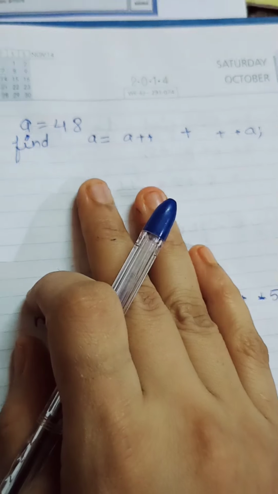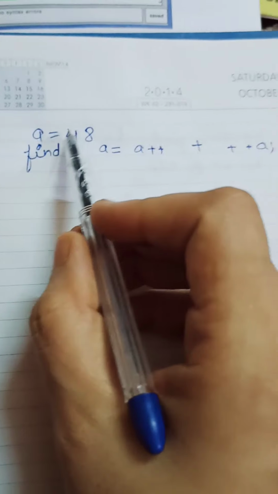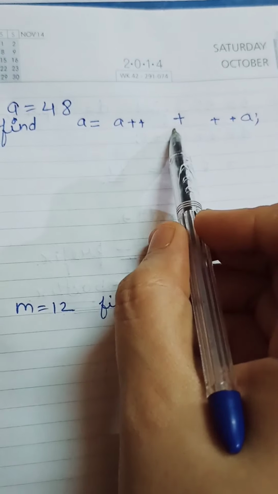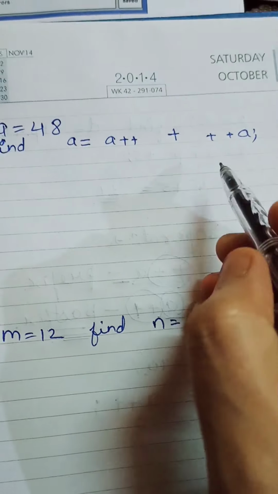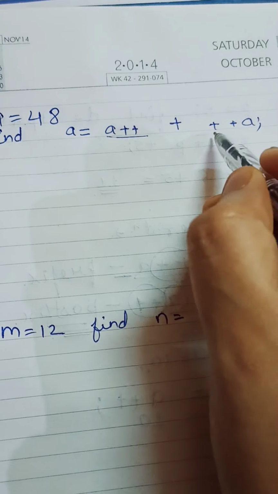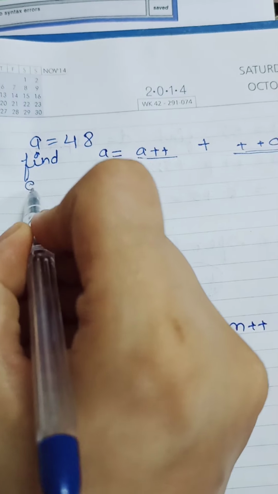Take another example. Here the value of a is 48. We have to find the value of this expression: a++ + ++a. This one is the postfix and this one is the prefix. Let's maintain a stack for a.